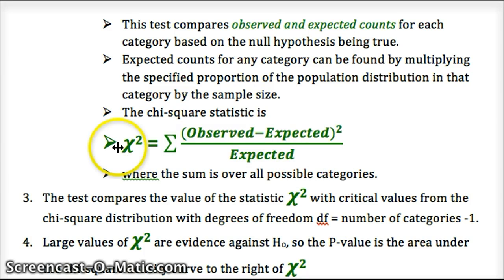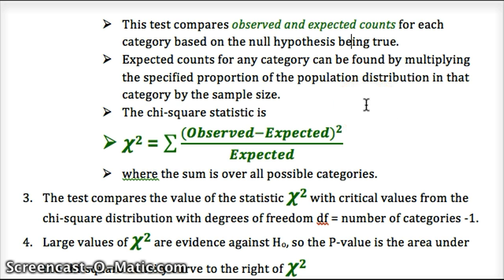Now for our chi-square statistic, we use this symbol here that looks somewhat like an X for chi-square. What it is: take the observed, meaning the actual count we get, minus our expected value, then square that and divide it by the expected value. So the difference between the observed and expected, squared, divided by the expected. And keep in mind this summation symbol means you would add them up. You'd do that for every category.